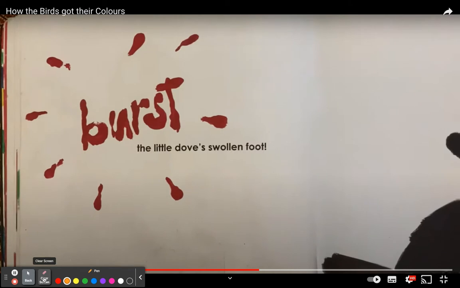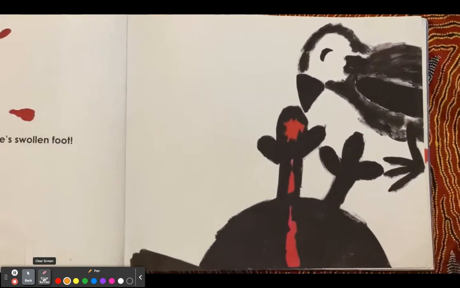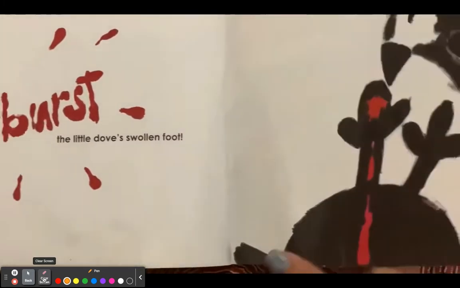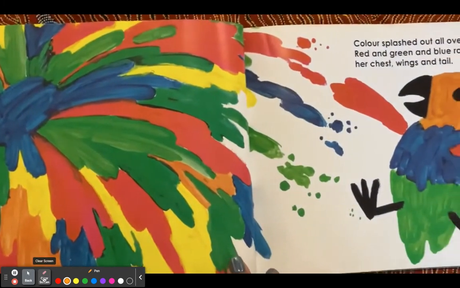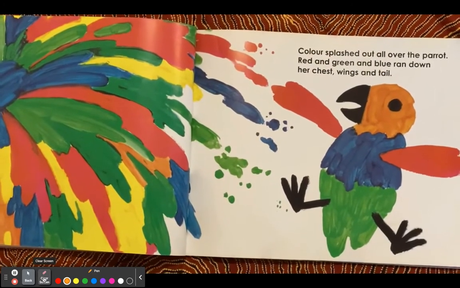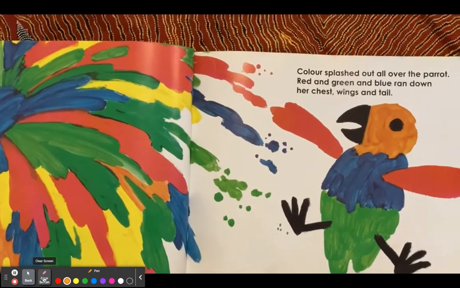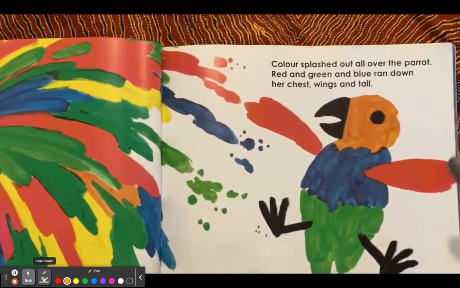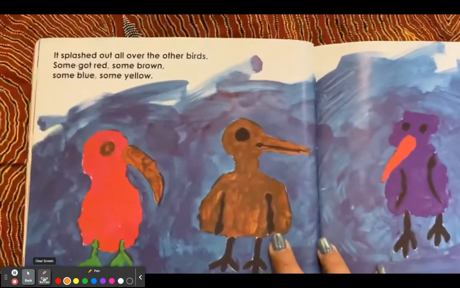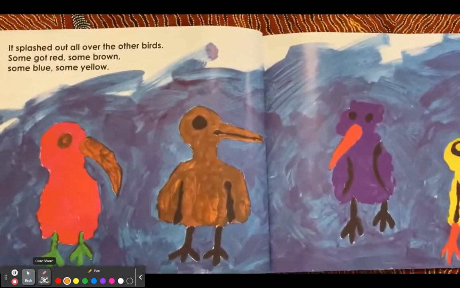The little dove's swollen foot. Colour splashed out all over the parrot. Red and green and blue ran down her chest, wings and tail. It splashed out all over the other birds.